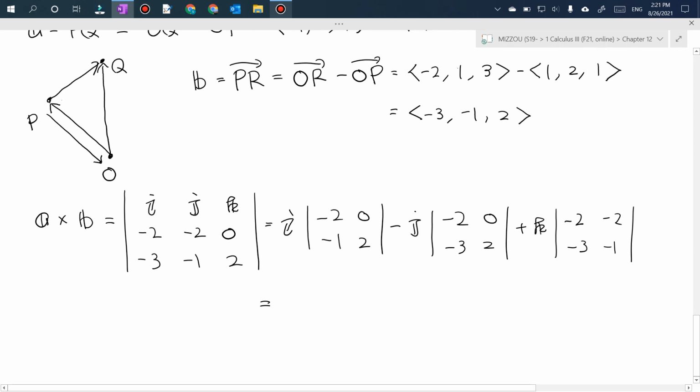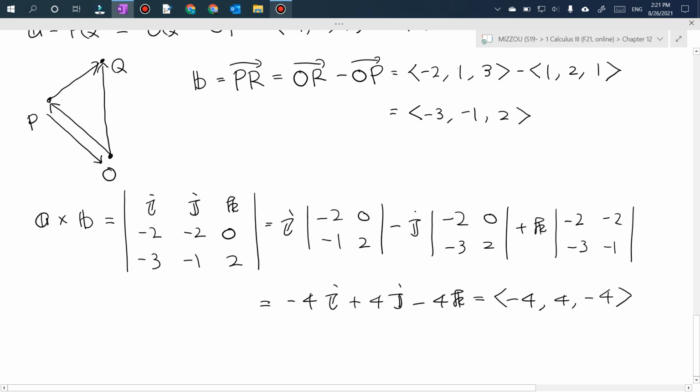And then if you do AD minus BC, so to speak, multiply diagonally and subtract, you get -4I plus 4J minus 4K. Or if you prefer this bracket notation instead of IJK notation, it's <-4, 4, -4>.